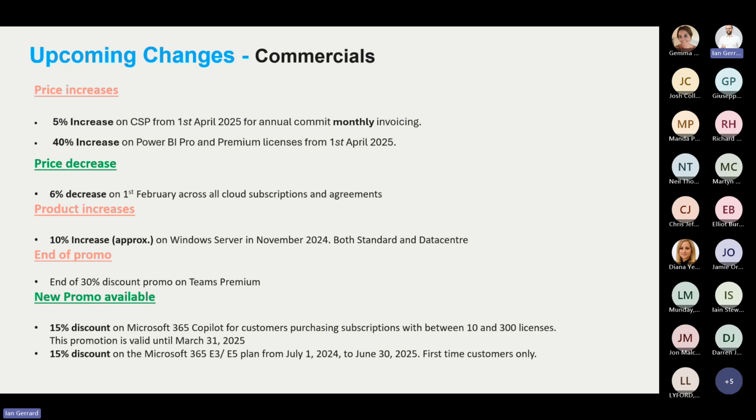Someone who's been doing this for a while, like myself, might say that when we see the Power BI Pro increase level out, maybe in 12 months' time, when we look at E5 again, I think there would be an increase.